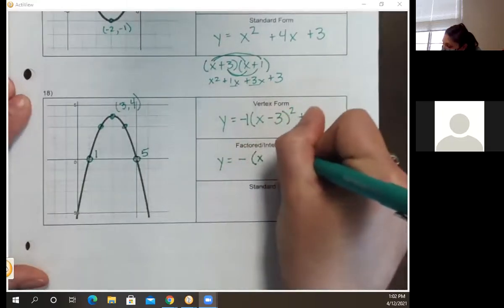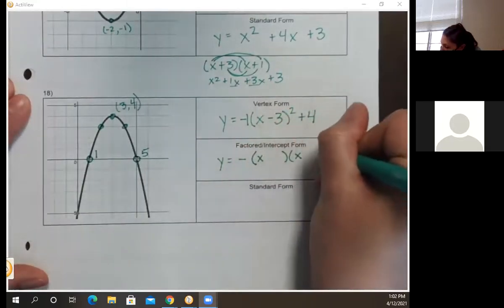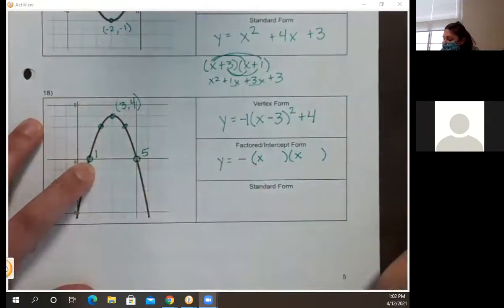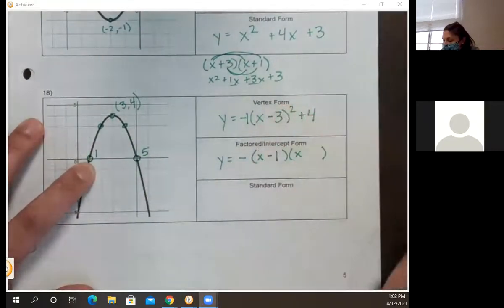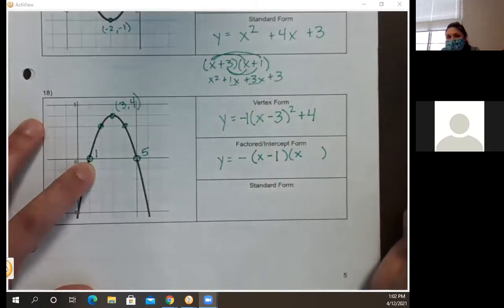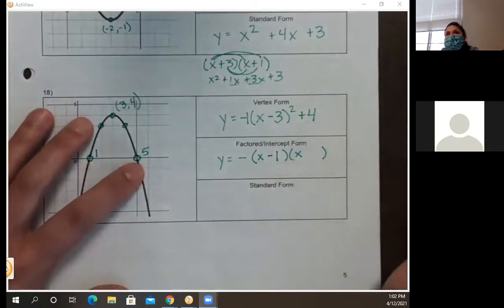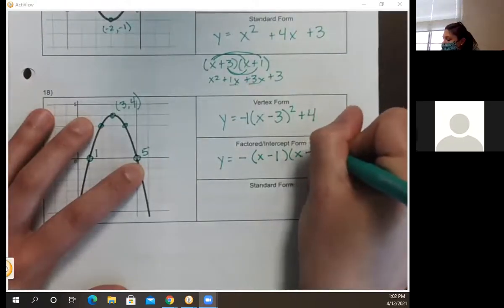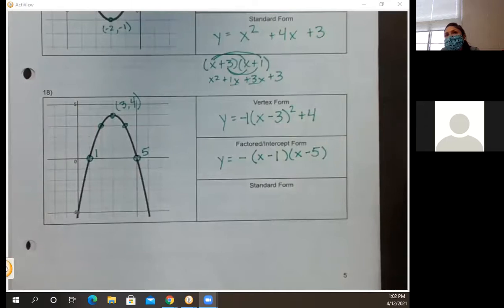And again, I know for intercept or factored form, I'm going to have these factors with x here. To get an x-intercept at 1, that means one of my factors had to be x minus 1. To get an x-intercept at 5, one of my factors needed to be x minus 5. And there's my factored form.